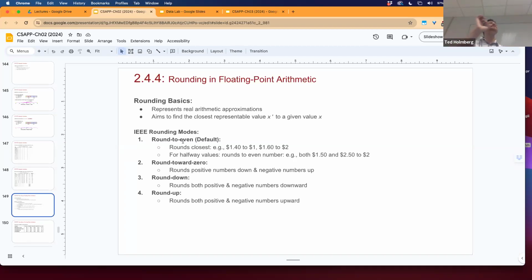So if it's 1.5, the nearest even would be 2. If it's 2.5, the nearest even would be 2. Does that make sense? So round to even is really communicating that on the edge case, that it's a 0.5 value, that you have equal distance. Well, the equal distance you're going to be between is an odd number and an even number, so you always choose the even number.